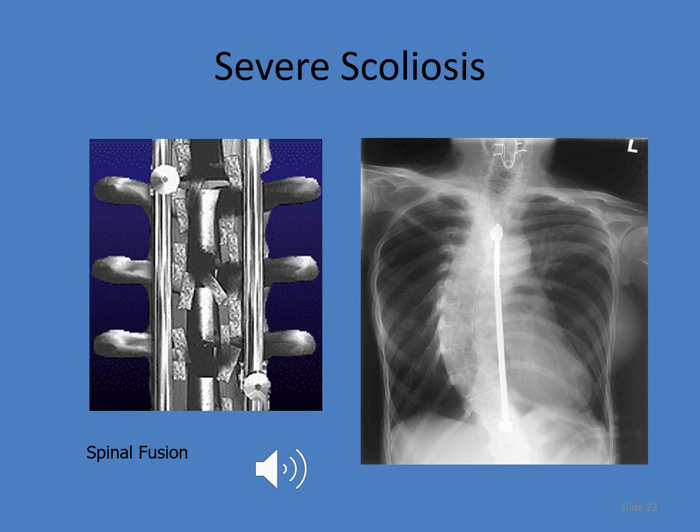And then the spine is also fused into corrected position. The disadvantage of using spinal instrumentation is it really prevents further spinal growth in the areas where spinal fusion has taken place and where rod placement has taken place.